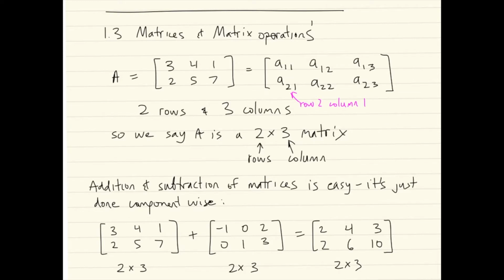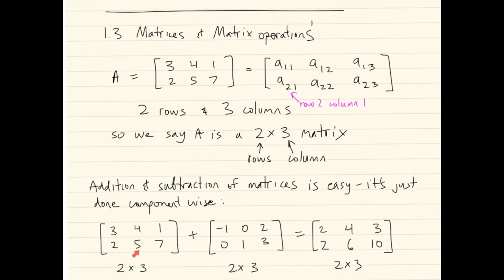Okay, then what can we do with matrix and matrix operations? Well, we can add and subtract matrices, and that's easy. It's just done component-wise. So, for example, here are two 2 by 3 matrices, and to add them, you just add the term in the 1, 1 position to the term in the 1, 1 position, and that's going to be the result in the row 1, column 1 position here.